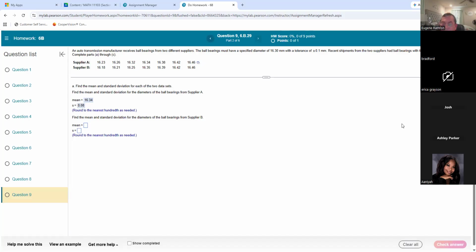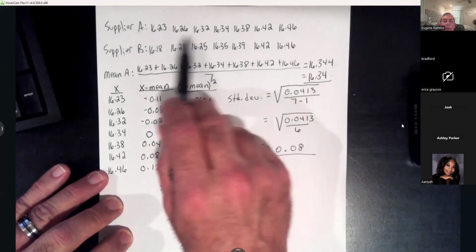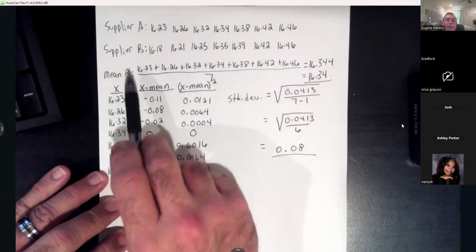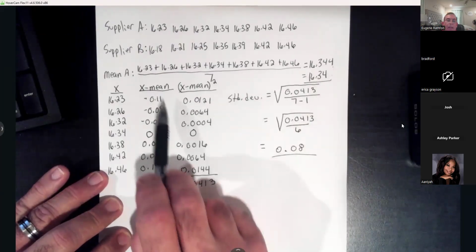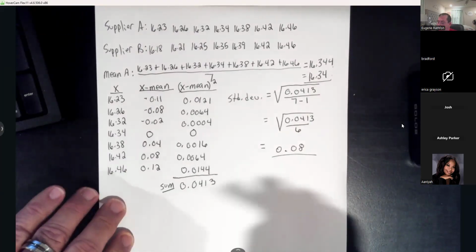So now we need to take all this data for supplier B and figure out our mean. And then we'll find our standard deviation, okay? So let me write these in.